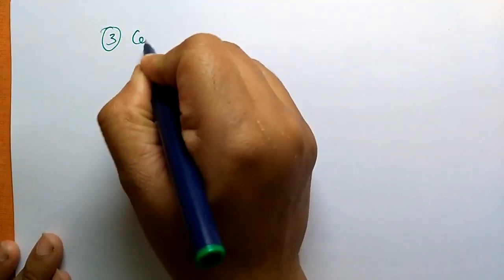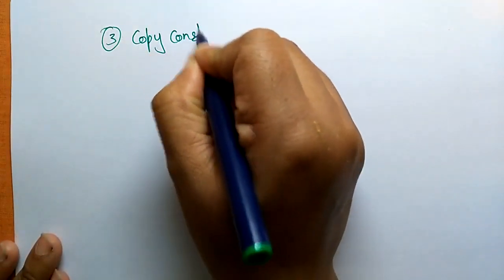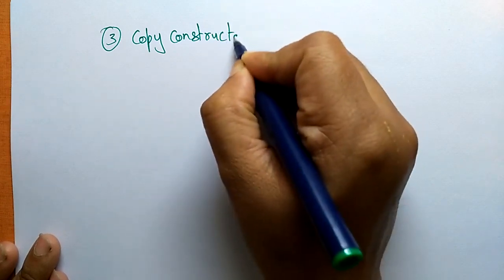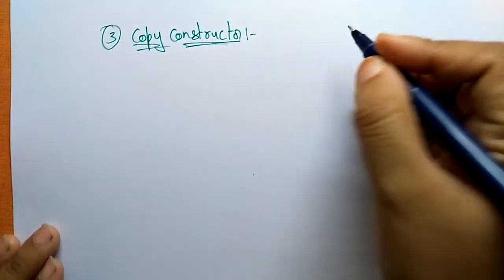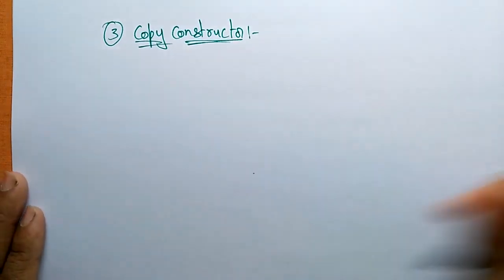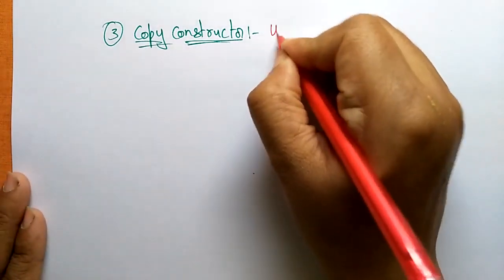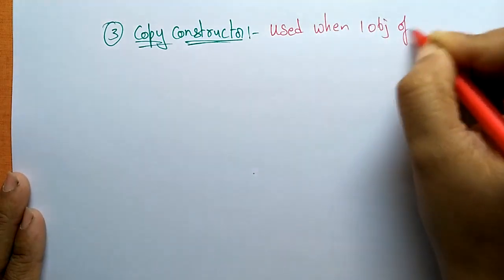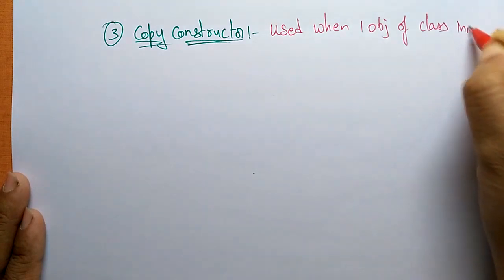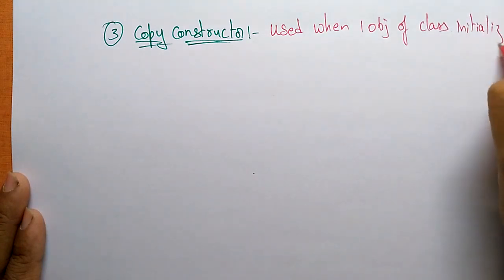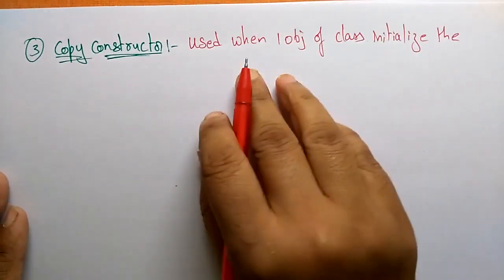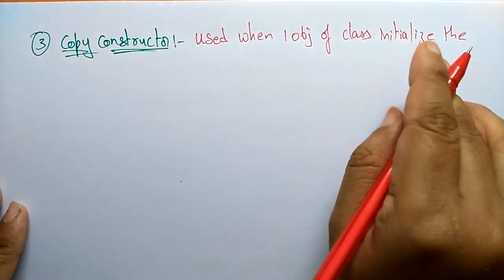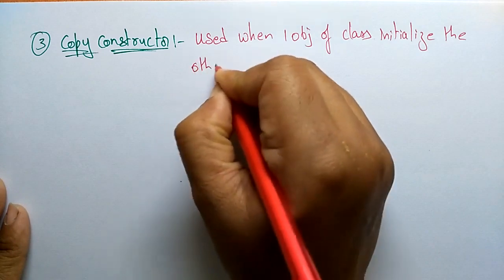Now let us see the third type. The third type of constructor is the copy constructor. So far we discussed the default constructor, parameterized constructor and the copy constructor. So what is a copy constructor? A copy constructor is used when one object of a class initializes the other object.